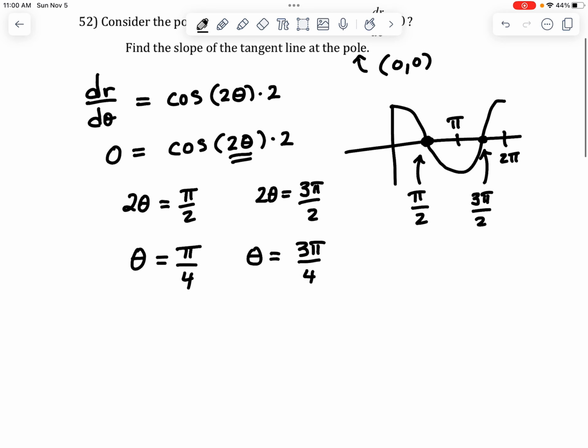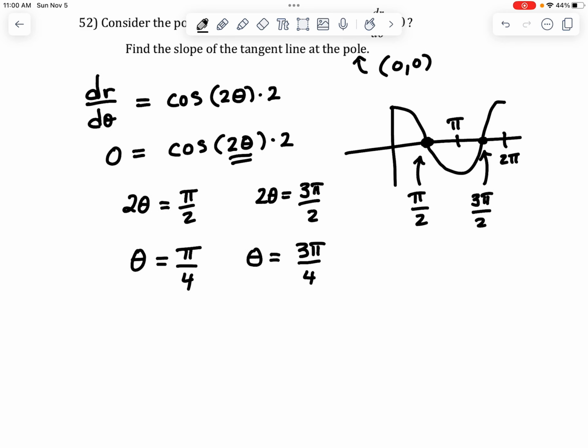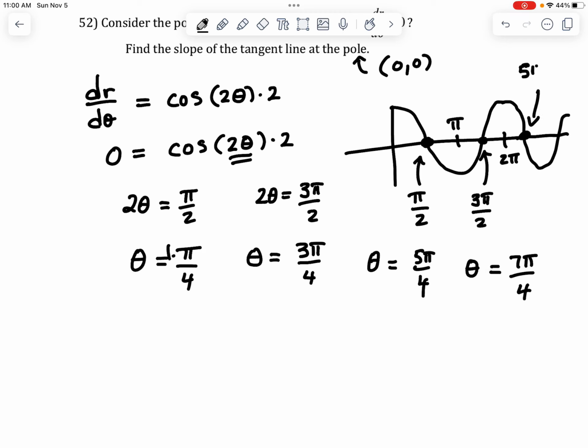So then what you could do is a couple of things. One, just realize this is 1 pi over 4, then 3 pi over 4. That means that the next one would be the next odd number, 5 pi over 4. And then the next odd number would be 7 pi over 4. Or if you continued this graph out, then you would find that this point is 5 pi over 2.